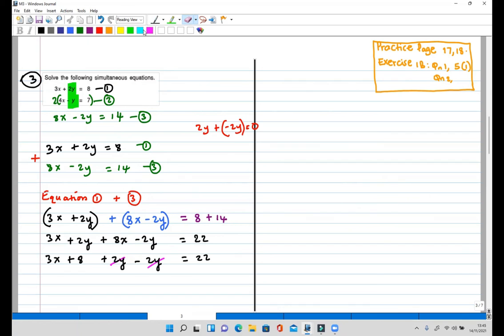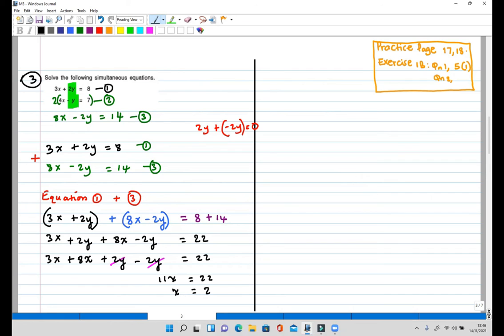This y should be x. Okay, so we have 3x plus 8x, that will be 11x, which is equal to 22. And then x is equal to 2.